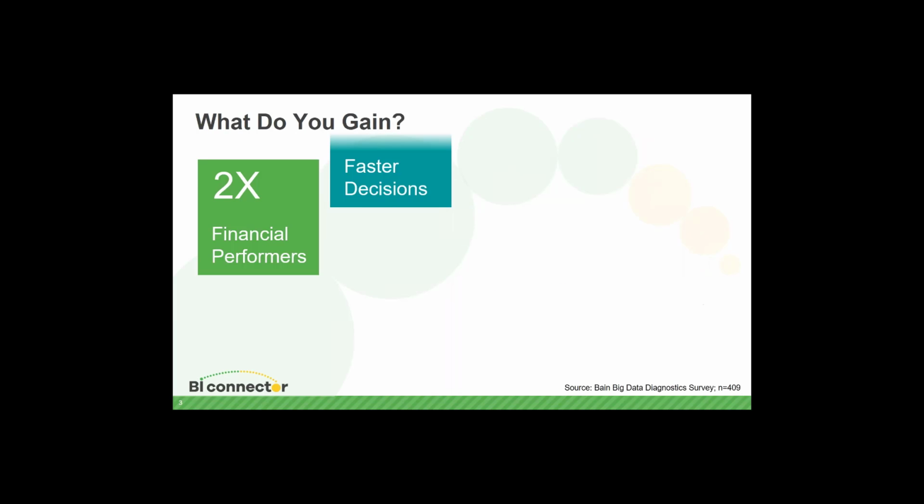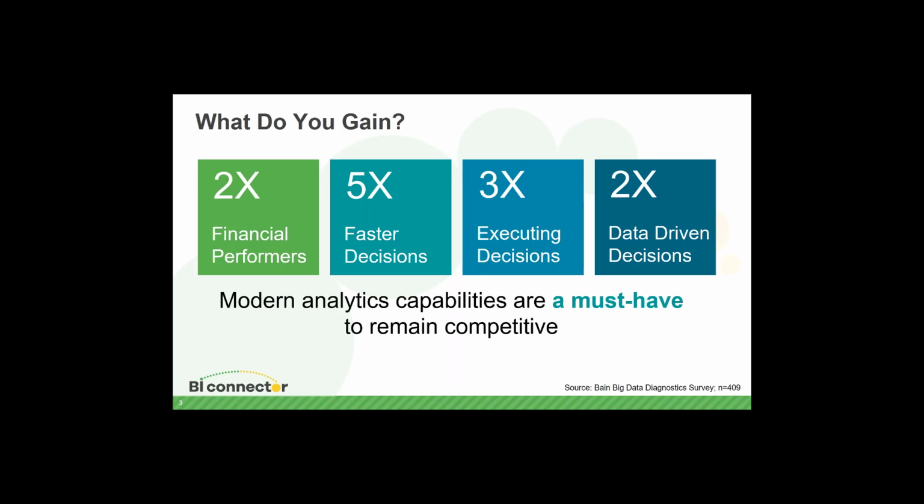So now, what is the benefit of being a part of this transformation that is going on in the industry? According to recent data from Bain Consulting, organizations with modern analytics capabilities are 2 times more likely to be better financial performers. They are 5 times more likely to take faster business decisions and be more agile.